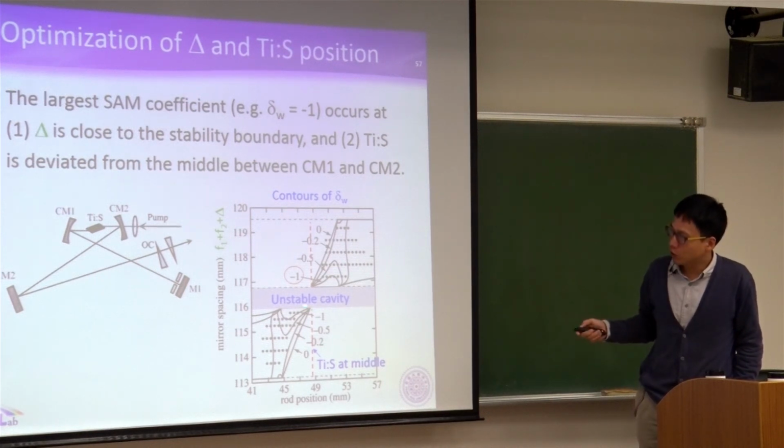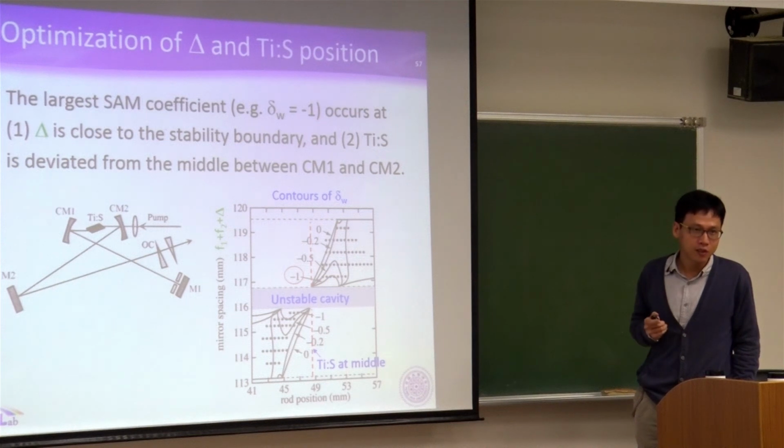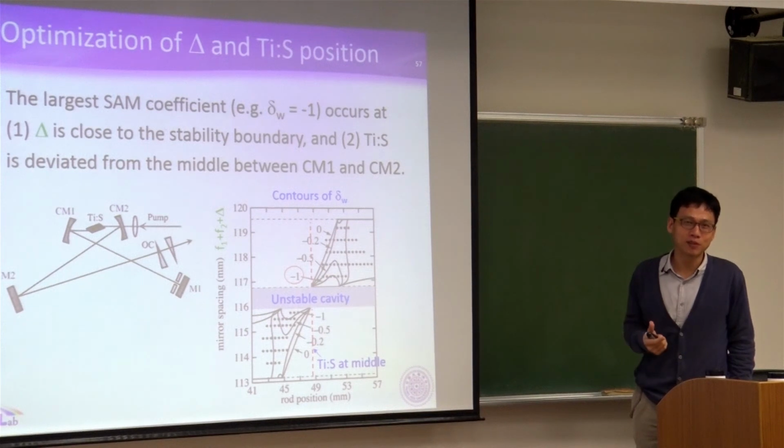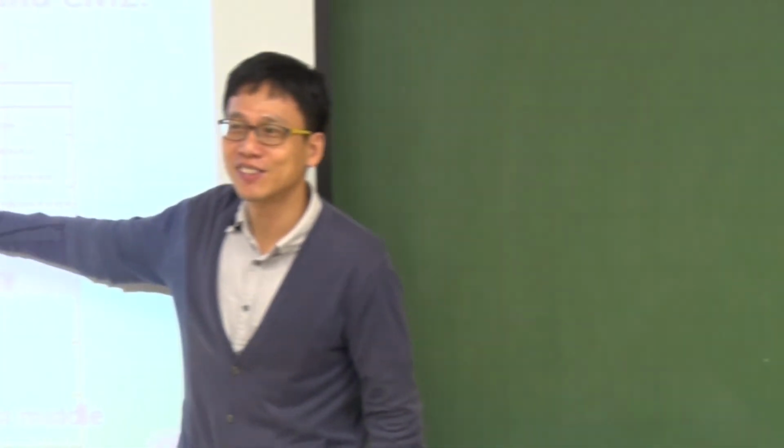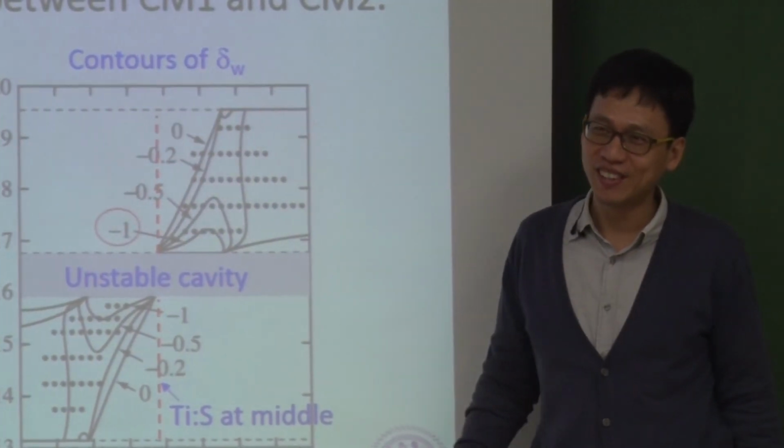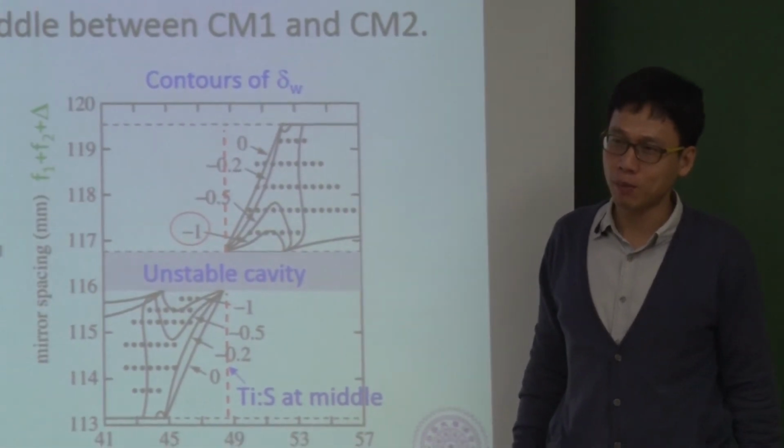Okay, so according to these contour plots, what is the best contour? Remember, has to be negative. Absolute value as large as possible. So which is the best? This is the best, right? Minus 1 is the biggest absolute value, right?